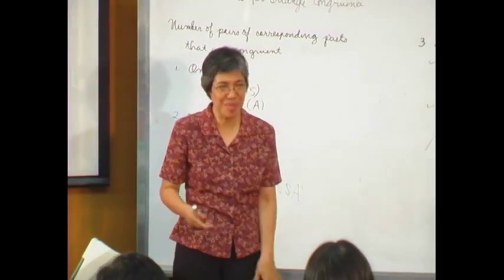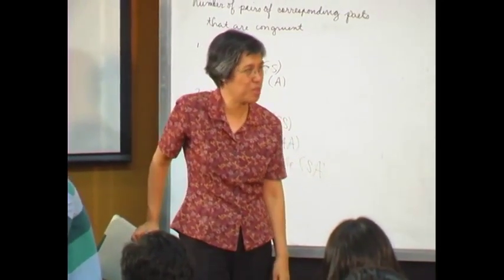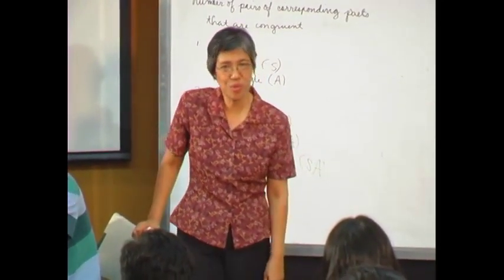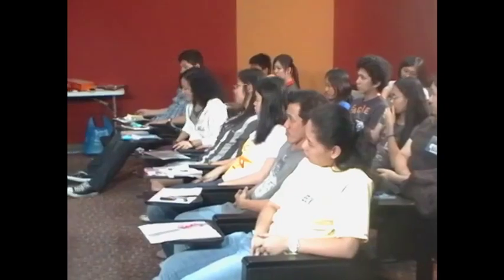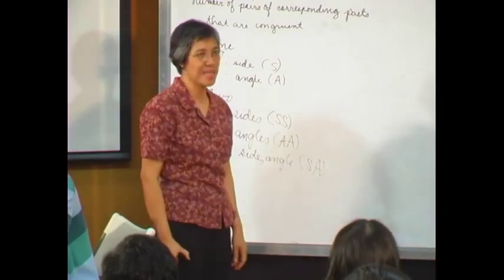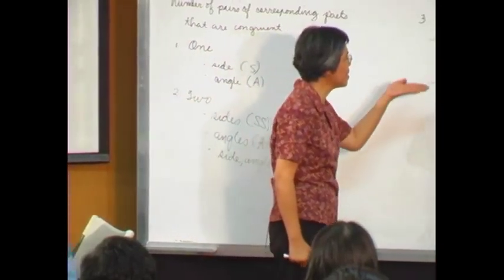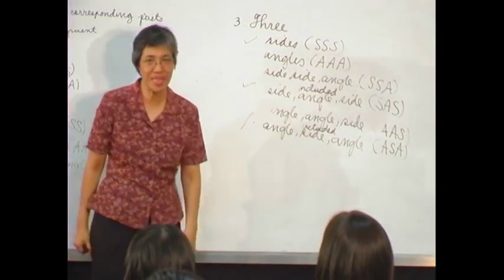Can we now determine the fewest number of pairs of corresponding parts that have to be congruent for two triangles to be congruent? What would that be, Angela? We need at least 3 pairs of corresponding parts that are congruent to make sure that we will be able to construct 2 congruent triangles. Okay, very good. So does that mean then that this would also give us congruent triangles?